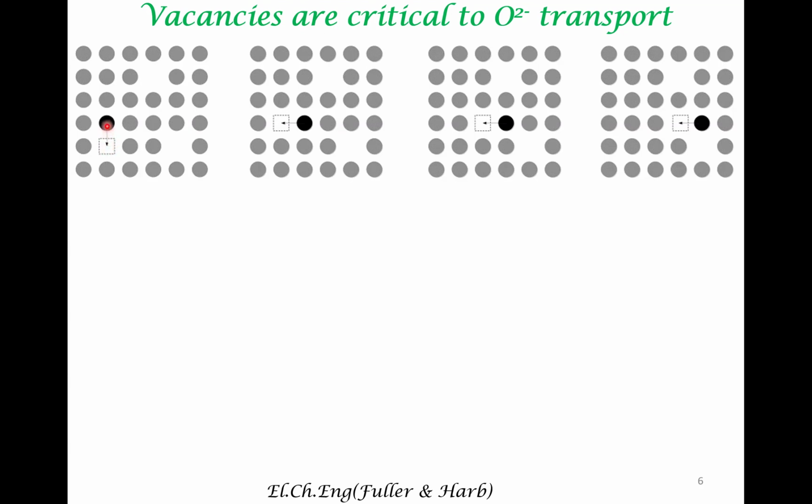So when we say that oxygen anion is getting transported, for example, in this direction, effectively what is happening is that oxygen vacancy is getting transported in the opposite direction. If you look at these structures, oxygen anion gets transported to an adjacent site wherein an oxygen vacancy is present.